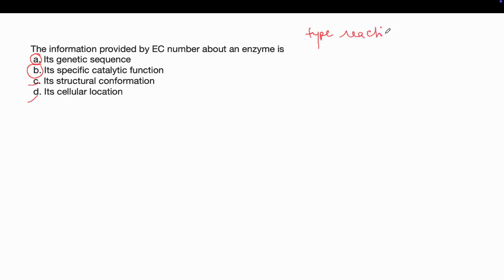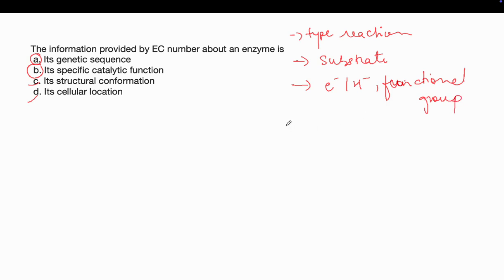It will also tell us about the substrate, and what the different electron, hydrogen or functional group donors are. They will tell us what different types of reactions they are catalyzing.